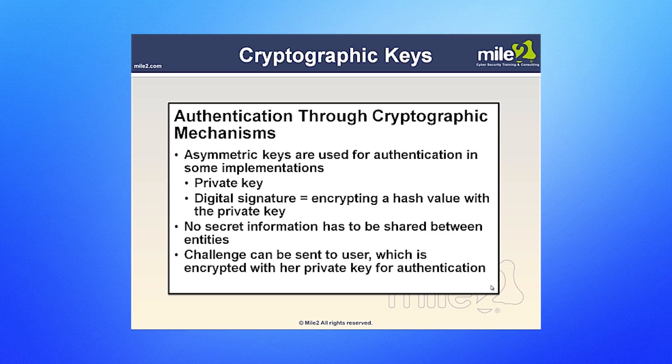How about digital signing? They could digitally sign a document. They're encrypting a hash value with their private key, and they do not have to pre-share any sort of keys like you would with the symmetric world. So it's really a system where they have the private key and the systems and others have the public key, but obviously we keep our private keys private.